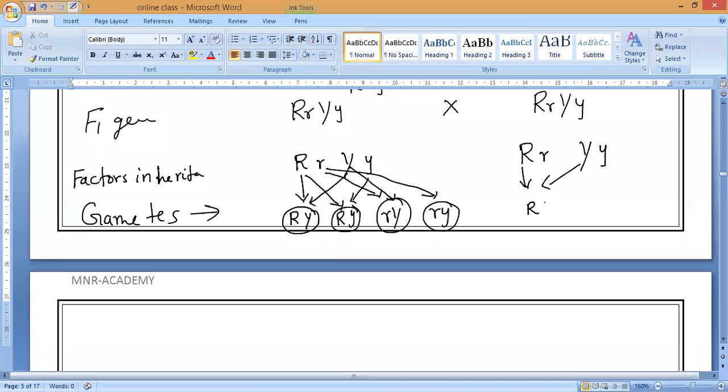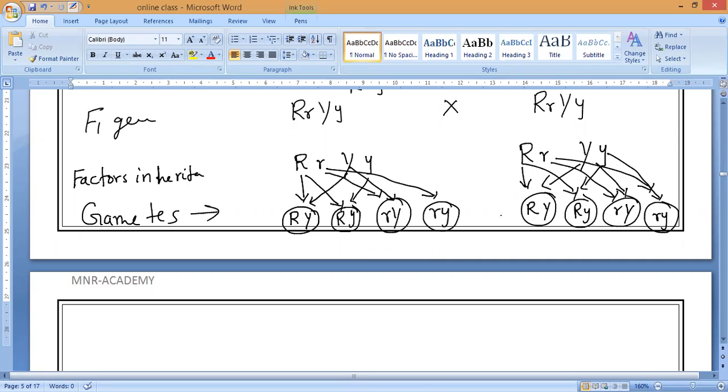Capital R, capital Y. Capital R, small y. Next one, small r, capital Y. Small r, small y. These are the gametes. Any doubt? Now, as we know, this is one hybrid and this is the another hybrid.